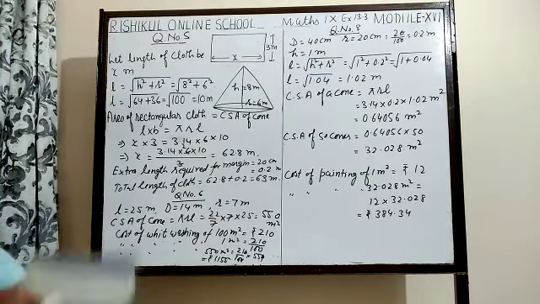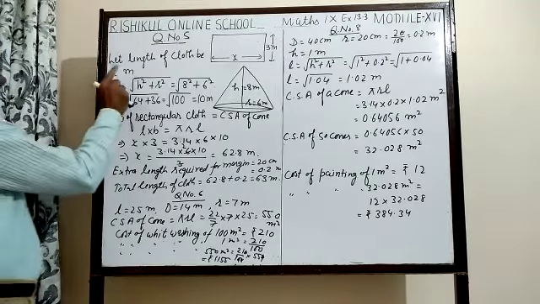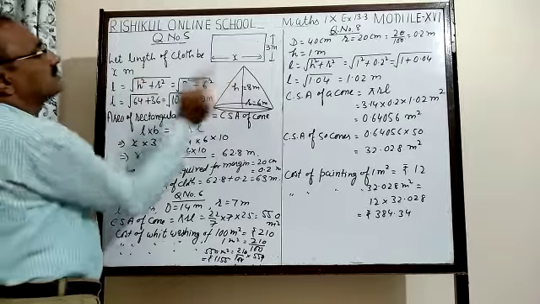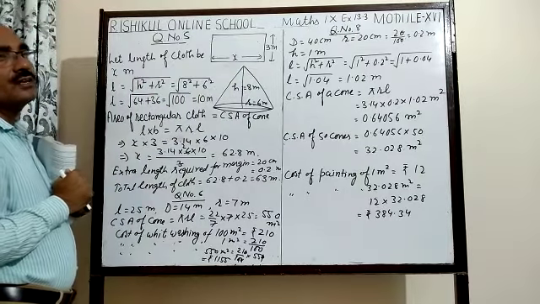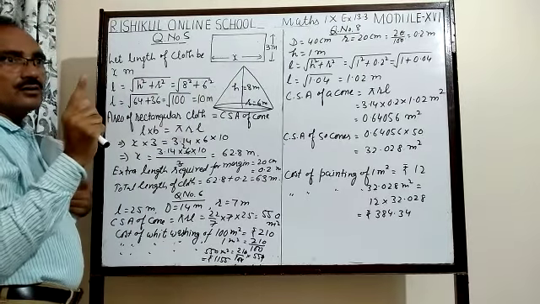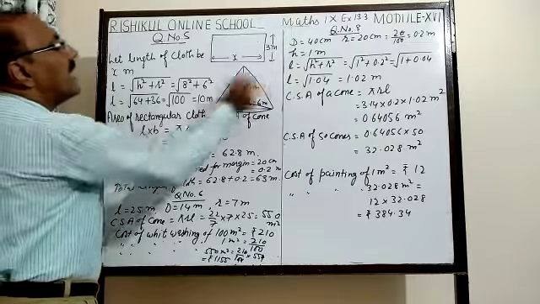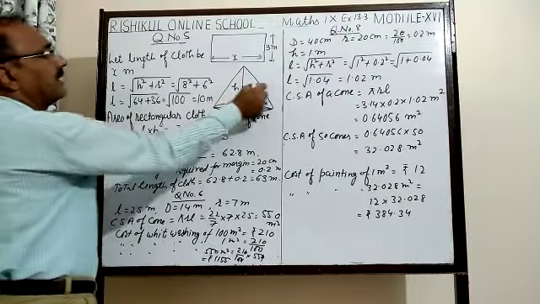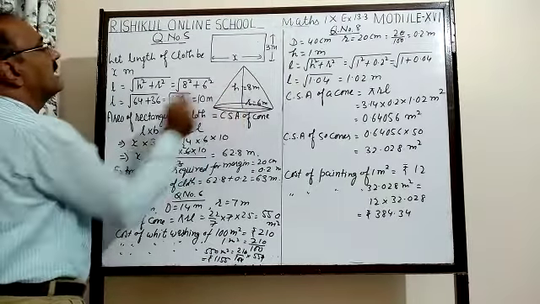Clear? First of all, because in the curved surface area of the cone you will need L, you will find L because radius and height are given.